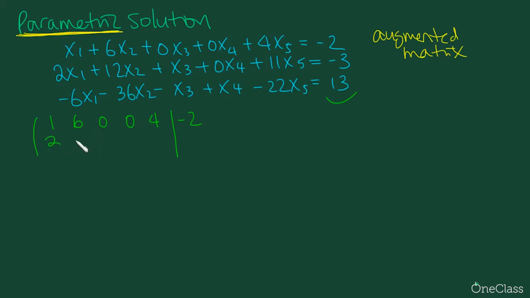Here we take the coefficients 2, 12, 1, 0, 11, which is equal to -3. And then we've got -6, -36, -1, 1, -22, and it is equal to 13. So these are quite easy to work with.